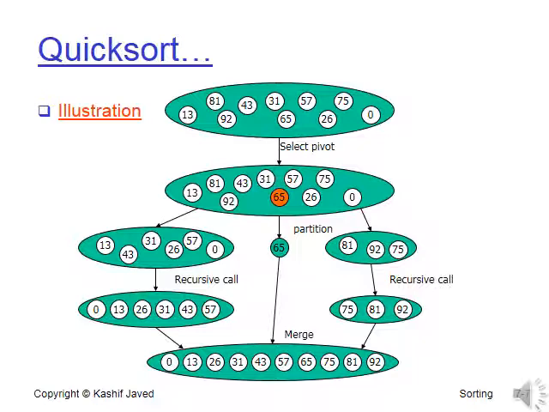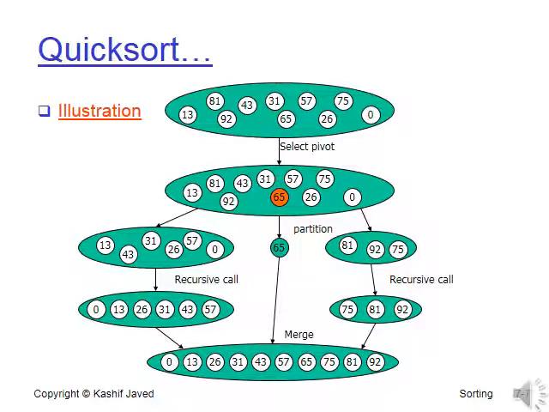We would like to pick the pivot such that our partitioned subarrays are as close to equal in size as possible. Here we have randomly selected number 65 from the array as our pivot.